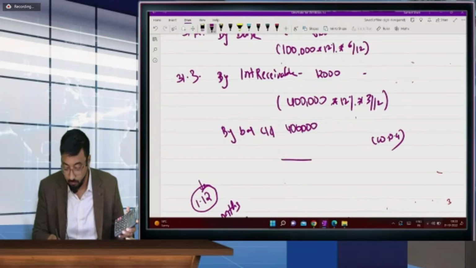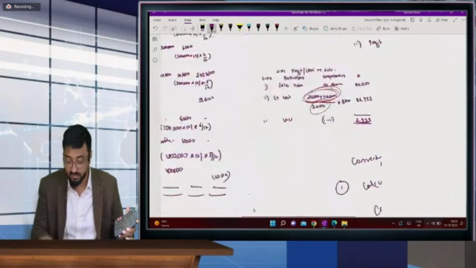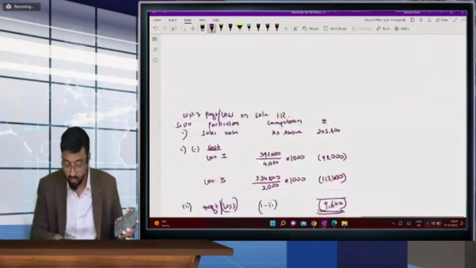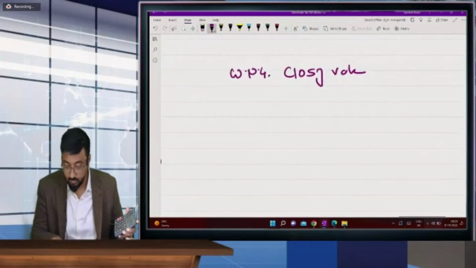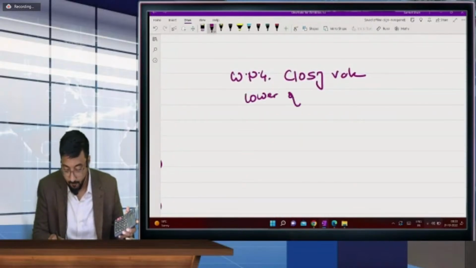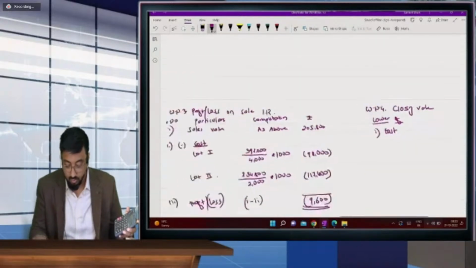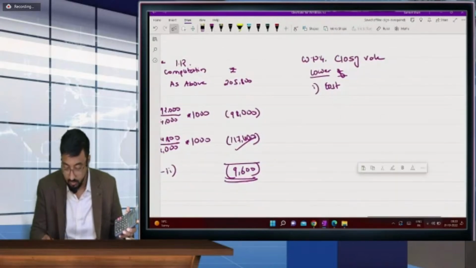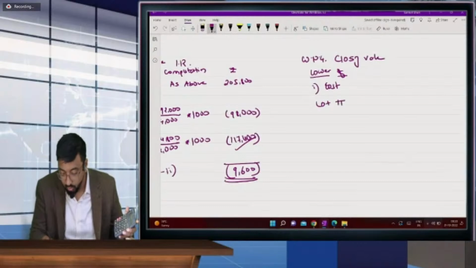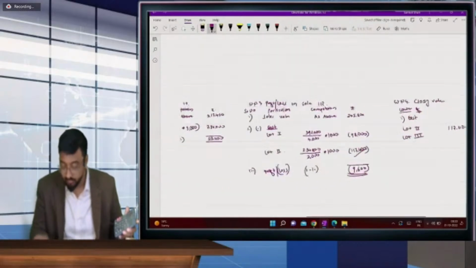Now working note 4 is for closing balance. So working note 4, closing value, lower of cost or fair value. Now what is cost, beta? Cost: you are left with 1,000, no? 1,17,400 is the cost of lot 2, and lot 3 as it is.